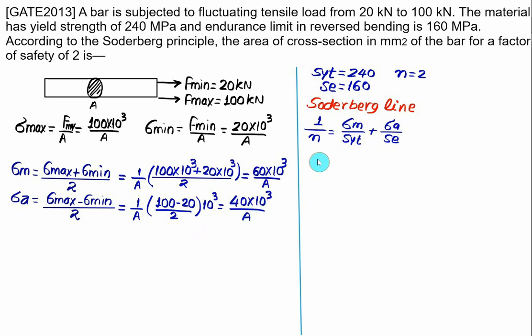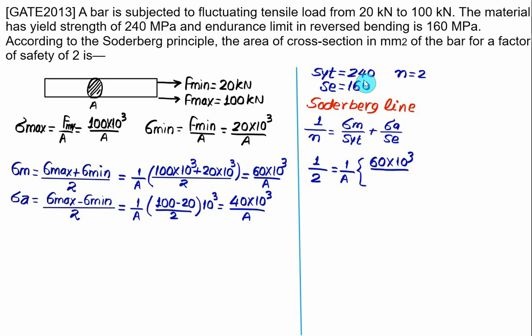Let's substitute here. We have 1 upon factor of safety equal to 2. Mean stress is given in the form of 1 by A, so 1 by A is taken common from both the terms here. Mean stress equal to 60 into 10 to the power 3. Area already taken common.